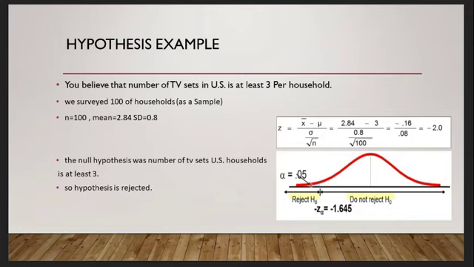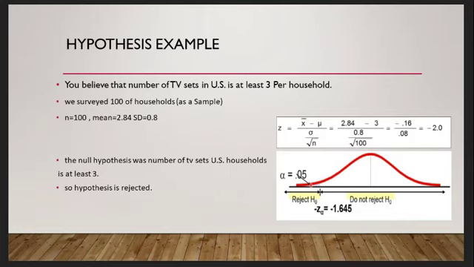The next step is to obtain the sample evidence and compute the statistics. You can't go to each household and ask how many TV sets they own. So suppose a big sample, a sample of 100 United States households, is taken and the following results are obtained.